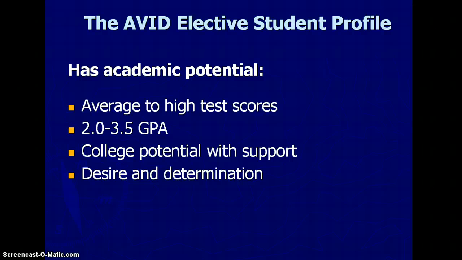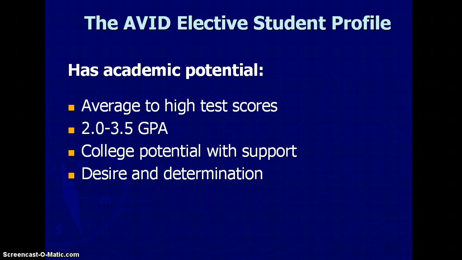These are students with college potential. In fact, these are students who have said, I will do whatever it takes to go to college with support. And the most important thing is that they have the desire and determination to do whatever it takes. That is what AVID is.